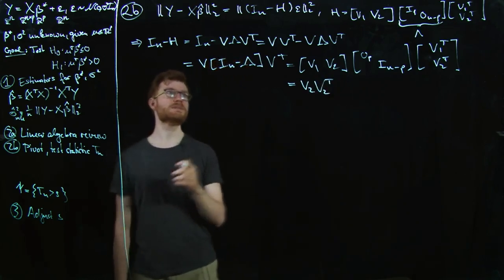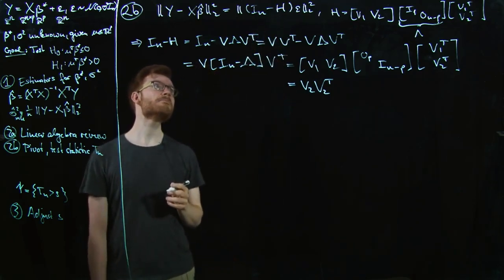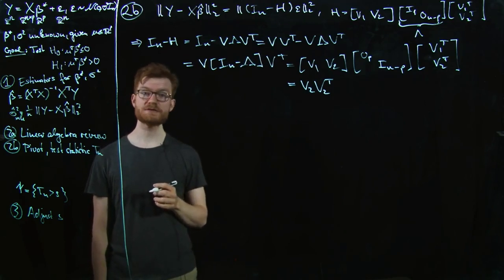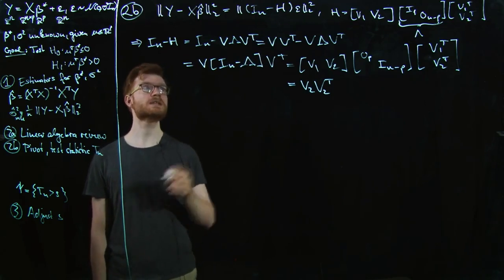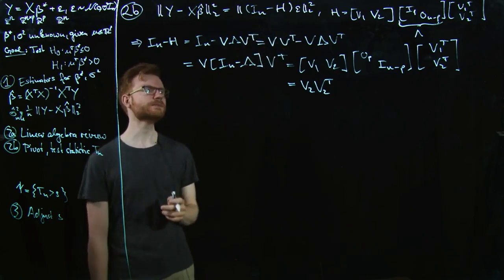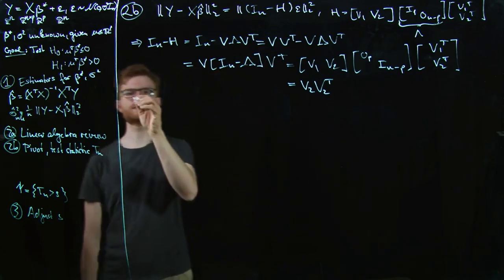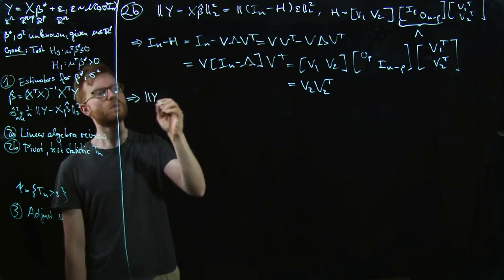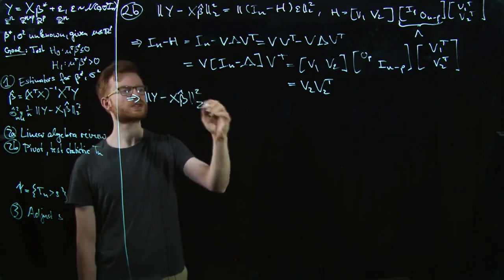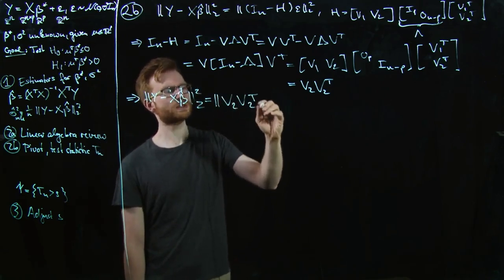OK, so what does that mean for the distribution of this quantity? Well, it's just going to be the Euclidean norm squared of some multivariate Gaussian variable, namely this matrix times epsilon. And we just said that we can write this as v2 v2 transpose. So in other words, the norm squared of y minus x beta hat is the same as the norm squared of v2 v2 transpose epsilon.